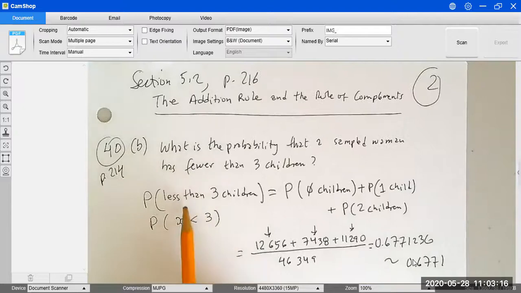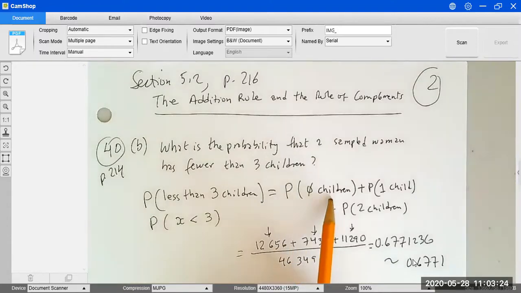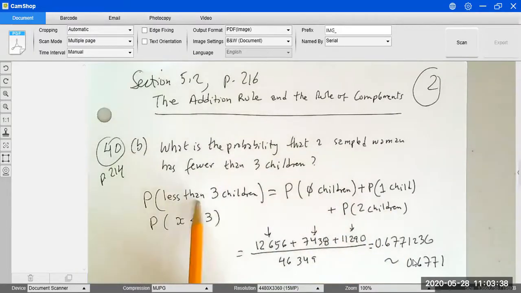The probability of having fewer than 3 children is equal to the probability of having 0 children plus the probability of having 1 child plus the probability of having 2 children. Fewer than 3 is 0, 1, and 2 children, so it can be written as the probability of x less than 3.